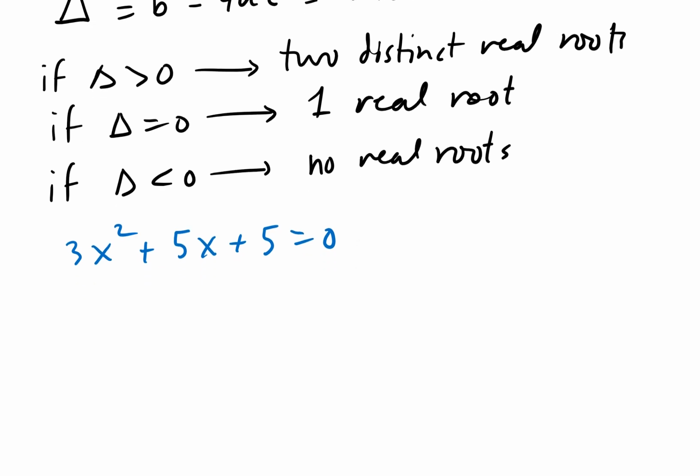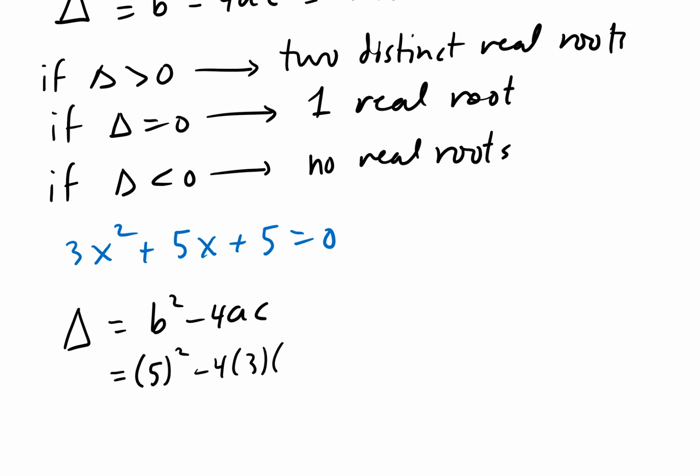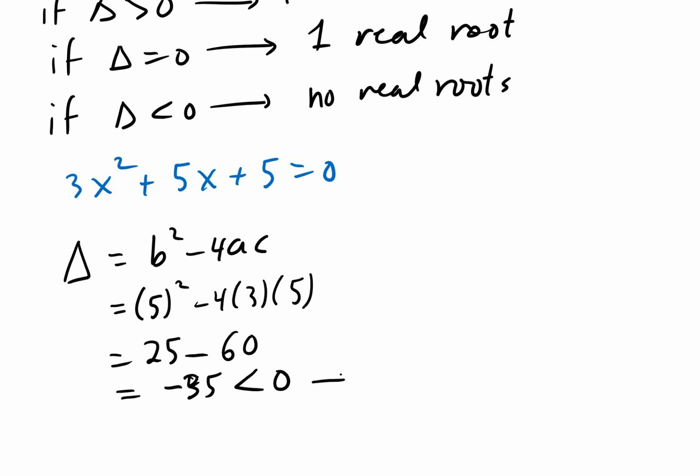To do that, all we have to do is find the discriminant, b squared minus 4ac. b is 5, a is 3, c is 5. 25 minus 60, that's negative 35, which is less than 0. Since it's less than 0, no real roots, or 0 real roots.